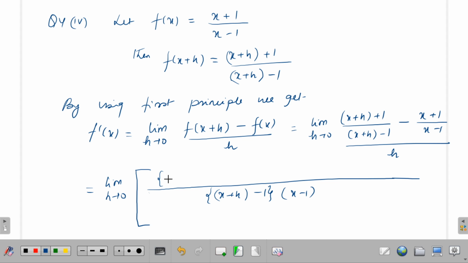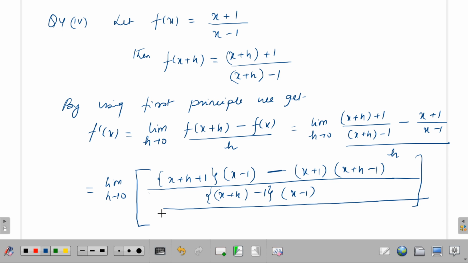So which one will be x plus h plus 1, and then I'll get here x minus 1 minus x plus 1, and I'll get here x plus h minus 1, and divided by h. So let me just write down properly. The brackets should not end here. The brackets should end over here. Yes. Okay, so I got till there.